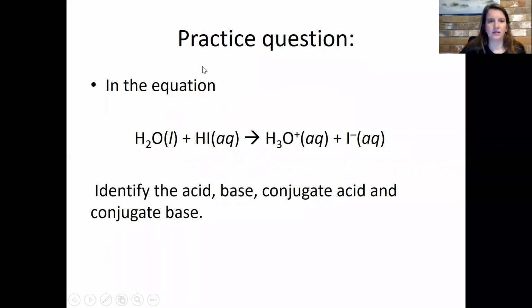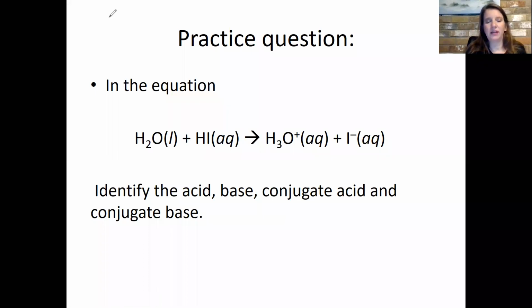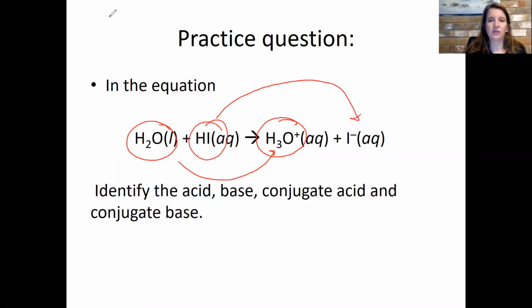All right, next we have H2O and HI making H3O and I. So the H2O goes from H2O to H3O. The HI goes from HI to I negative. So which species lost the hydrogen, which donated the hydrogen?